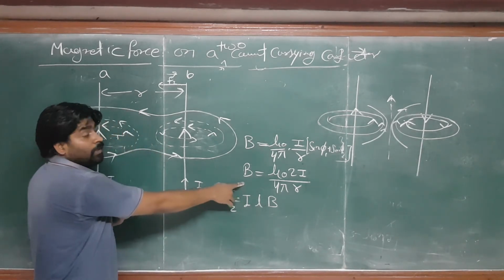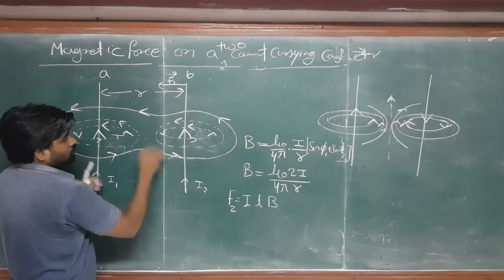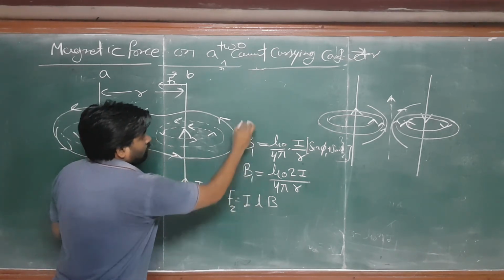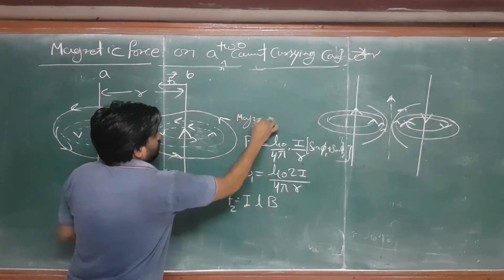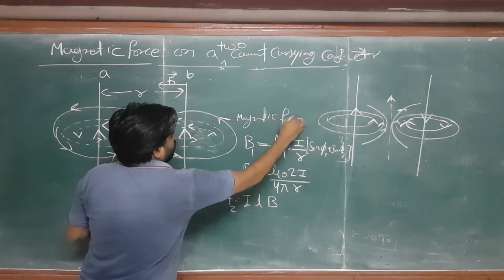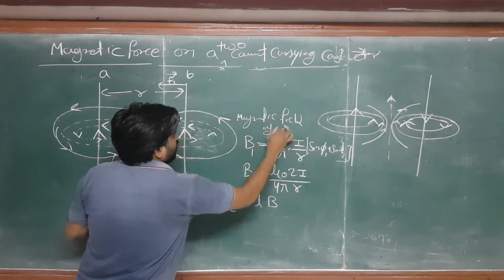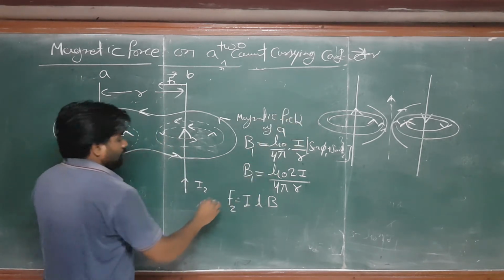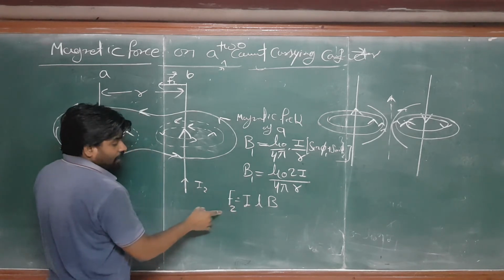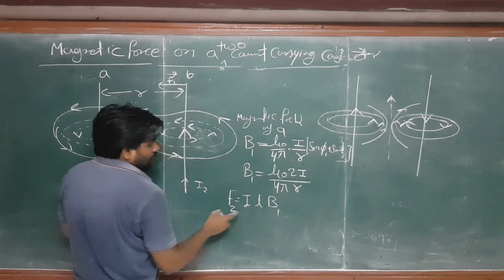This is the magnetic field due to the wire. The magnetic field of A is called B1, and the magnetic force on B is called F2, which is I L B1.